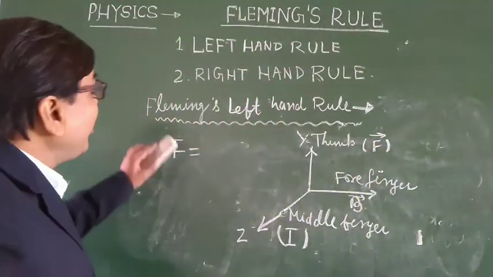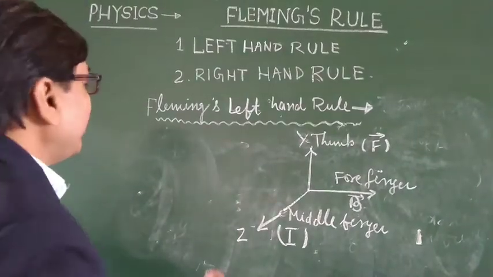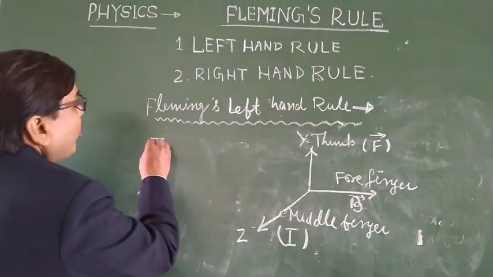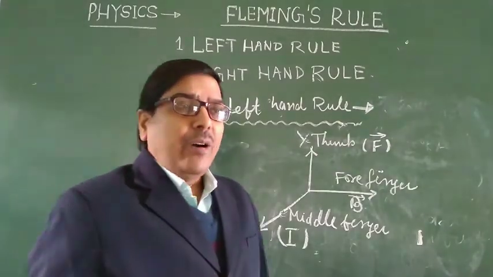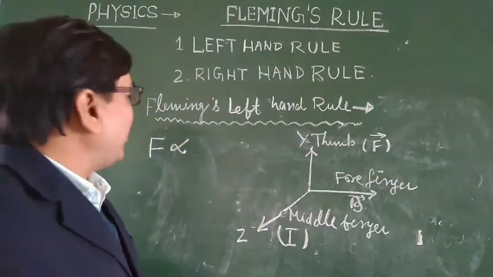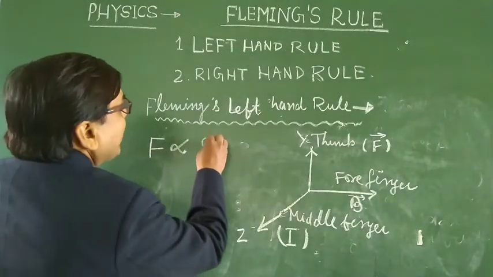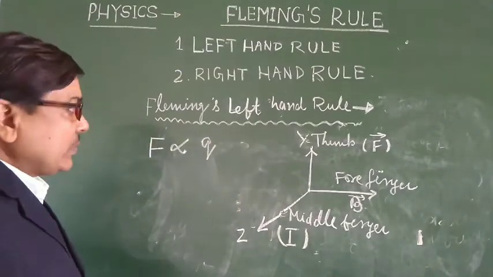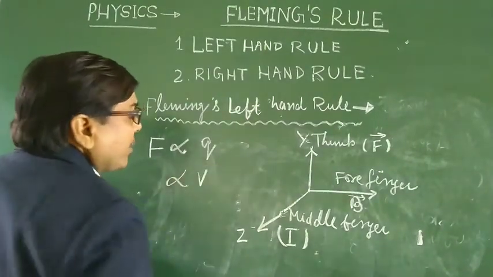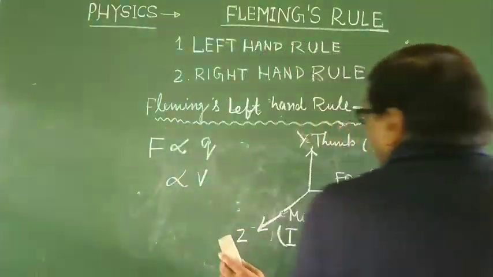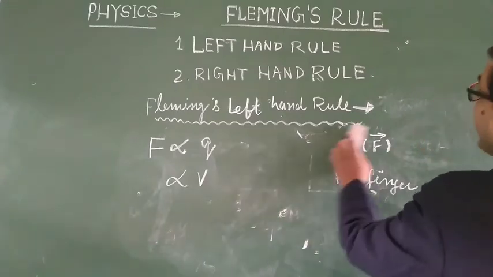Now, as we know from the formula, the force exerted on a current carrying conductor or charge moving in magnetic field, supposing the amount of charge is Q and V is velocity, again we can write the diagram now like that.